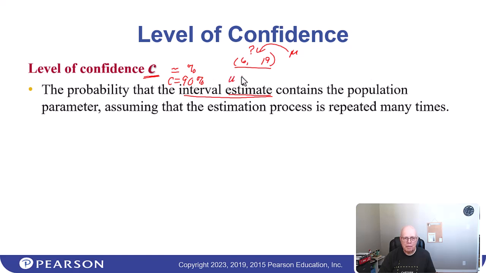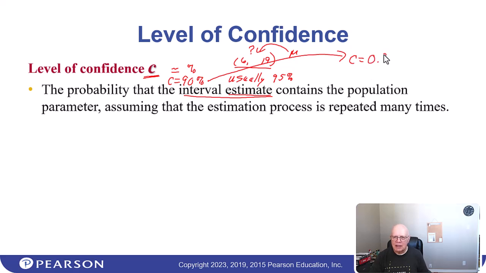Usually, you work with 95%. And since your calculator really doesn't care for seeing these percentages, make sure that if C is 90%, in your box of information, you put 0.90. Make it a decimal, not a percent.